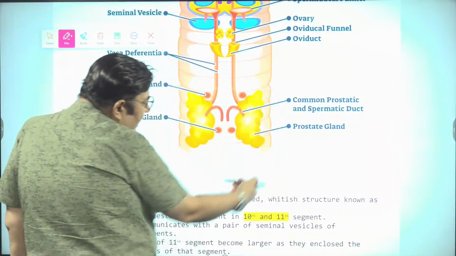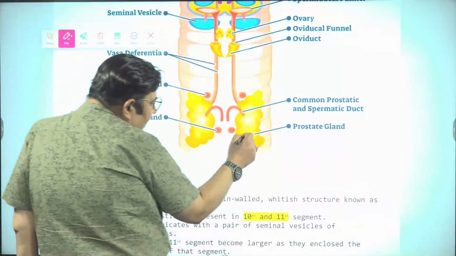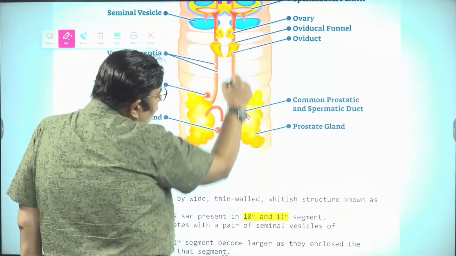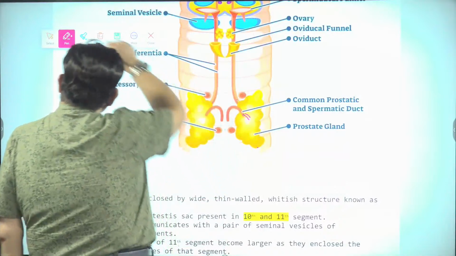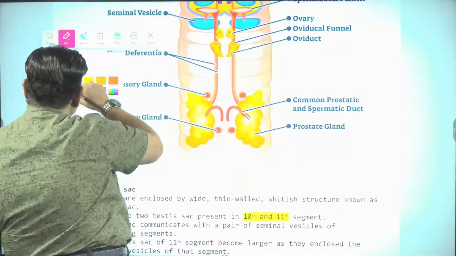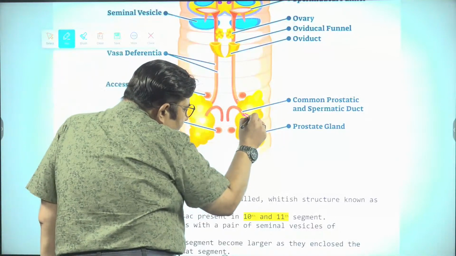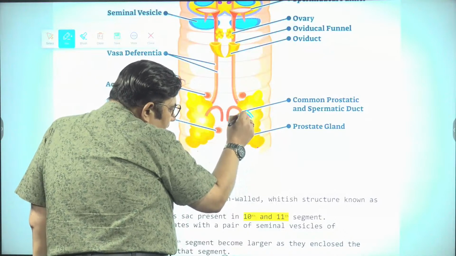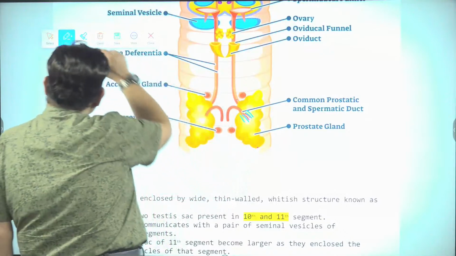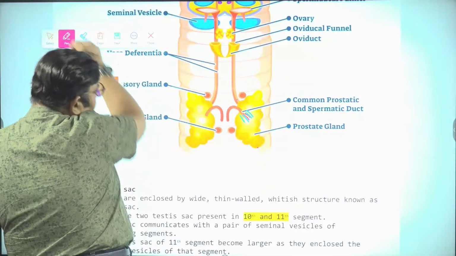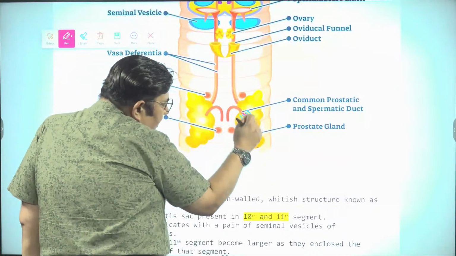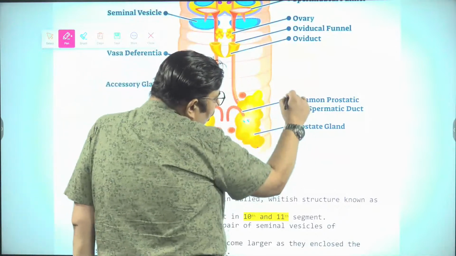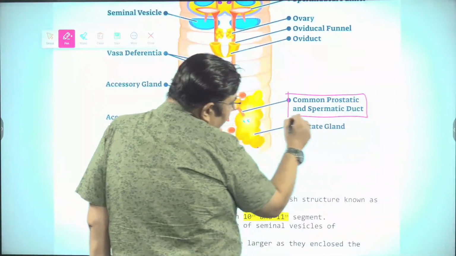A very important thing happens inside. There is a prostatic duct which joins the two vasa deferentia. So each vas deferens and a prostatic duct form a joint venture. This is a vas deferens, and this is one prostatic duct. All three of them make one tube, called the common prostatic and spermatic duct.